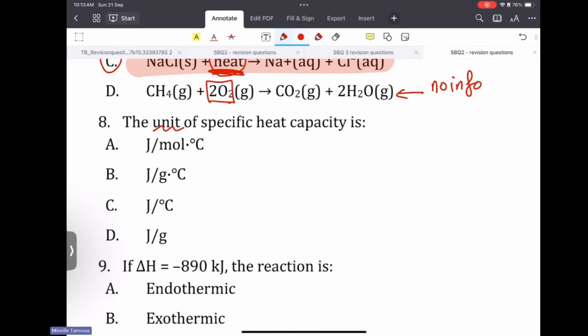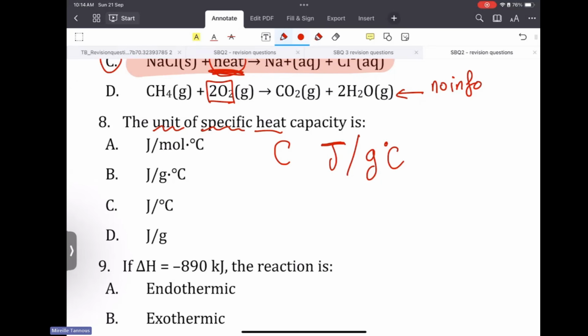The unit of specific heat capacity, we're talking about C. The definition of C, if we forgot the unit, we can remember the definition of C. The definition of C is the amount of energy, the amount of heat, so it is joule, that is needed to increase the temperature of a 1 gram substance by 1 degree Celsius.